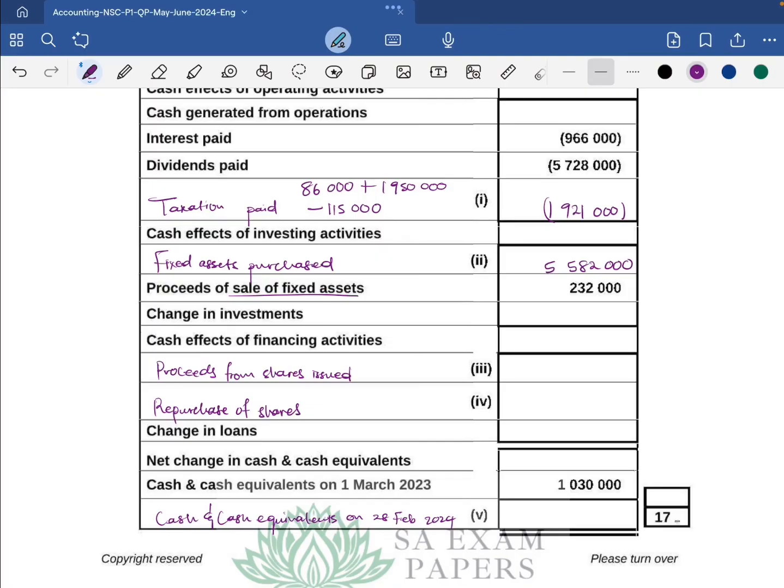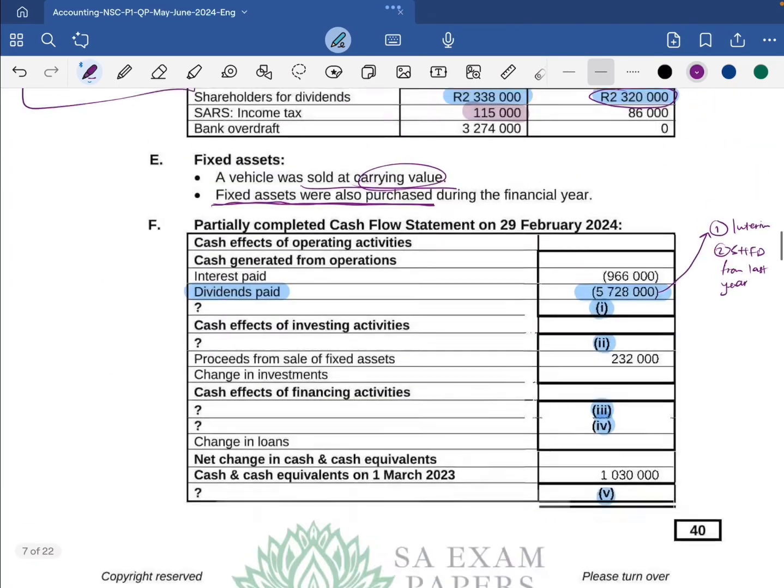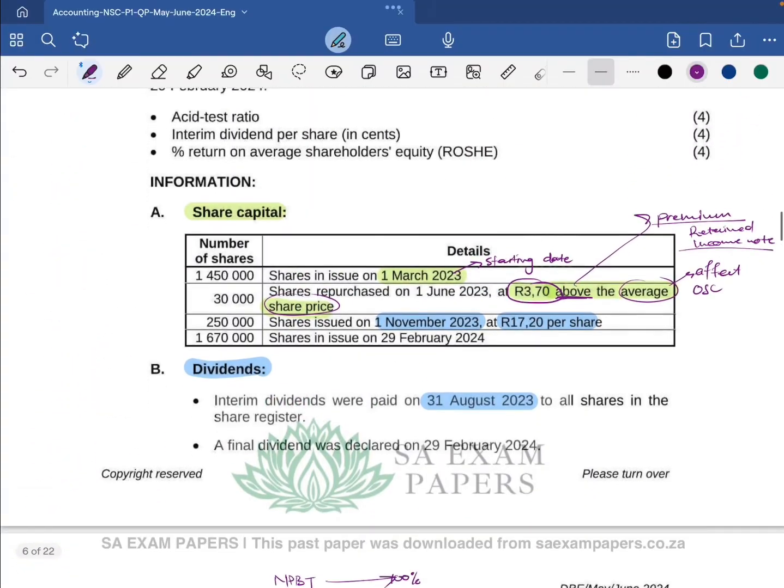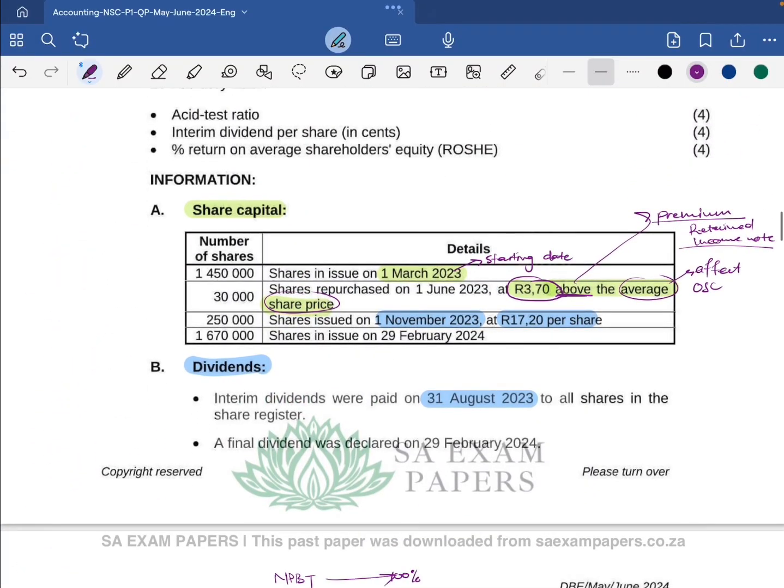Okay, and remember that it's also supposed to be an outflow because we've used cash to purchase these assets. All right, so then what we are going to look at now is the proceeds from the shares that were issued, but that is given in information A. It says shares that were issued on the 1st of November were 17 rands 20 per share.